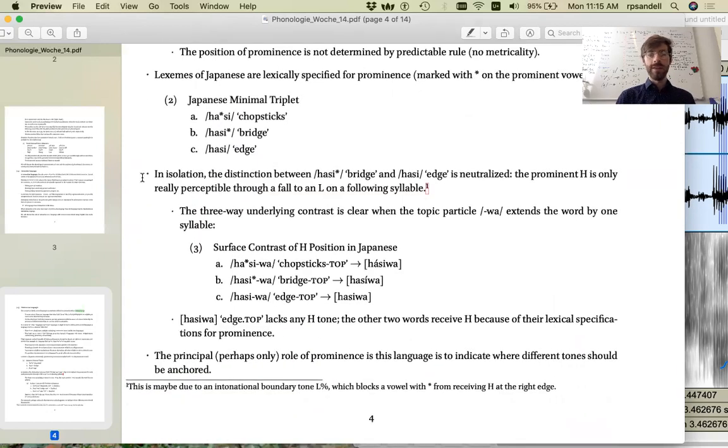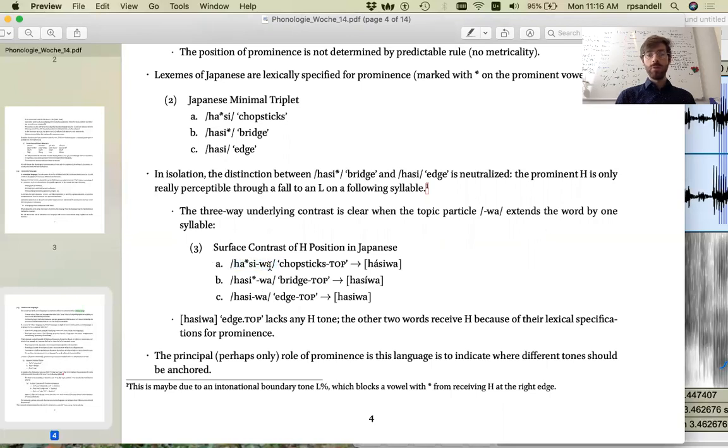Now, in isolation, one thing that occurs is that the distinction between the words for bridge and edge is neutralized because the high tone can only be really realized if there is a fall to a low tone on the following syllable. So this means, using this example, we'll add the topicalization particle wa to all of these examples.